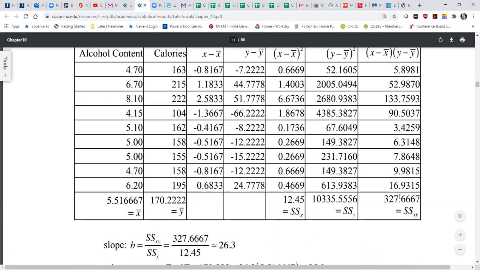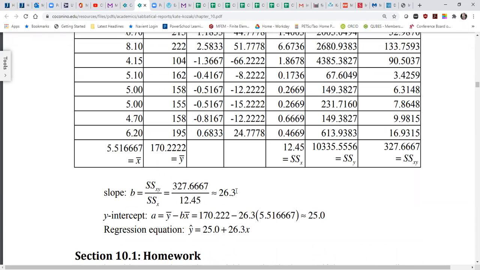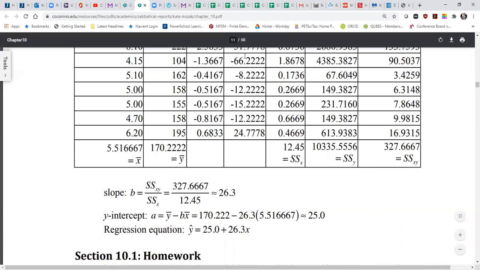And for this one, you get SSXY. And you can see the formula: the slope will be SSXY divided by SSX. Okay? So you get this one. And to find the intercept, you simply do it manually, okay? But in Excel, it's easier. You just use the formula and you can find out the answer, okay?